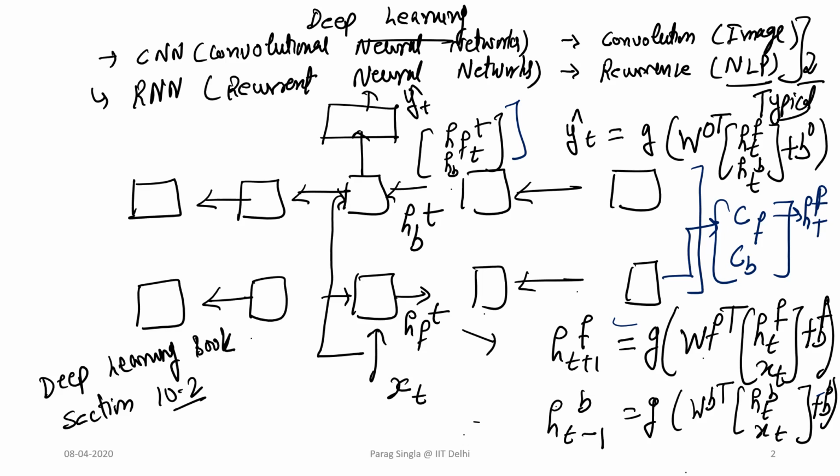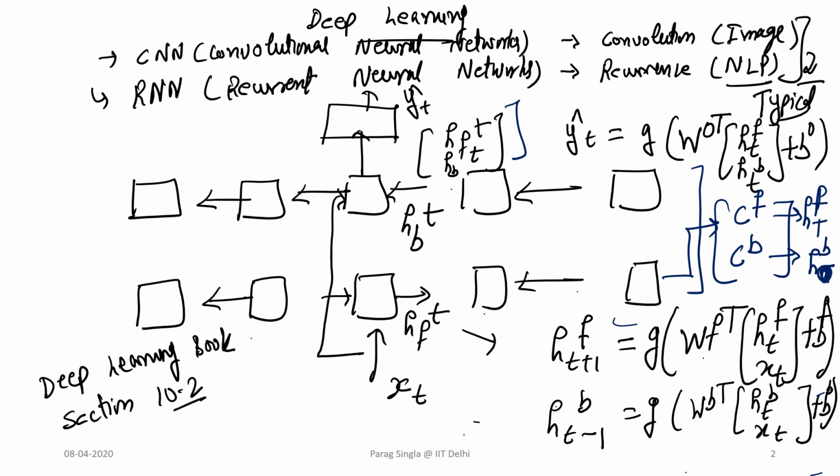This should have been the superscripts. So this is cf and this is cb. Similarly, cb is nothing but h backward at time t, or at 0.